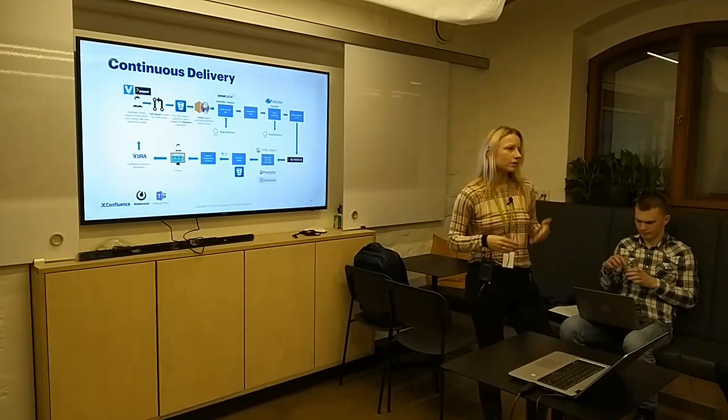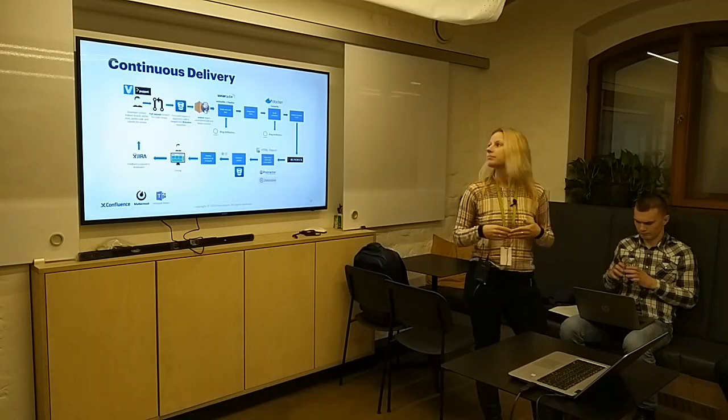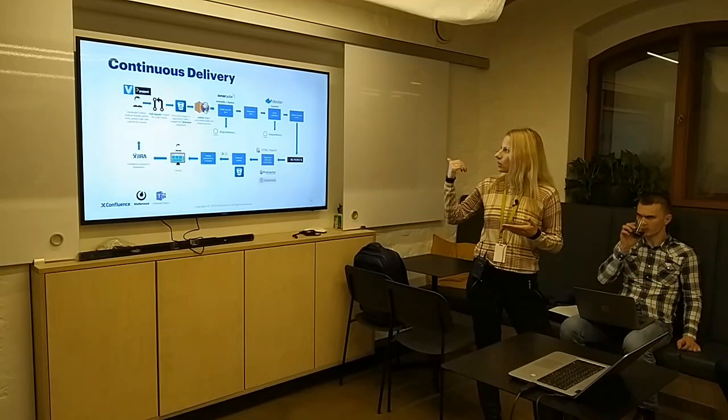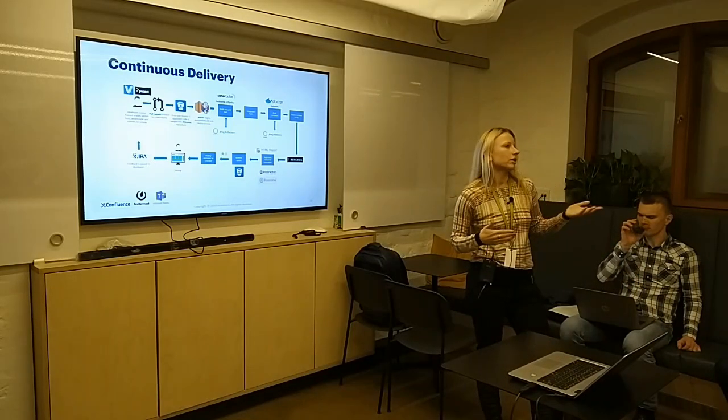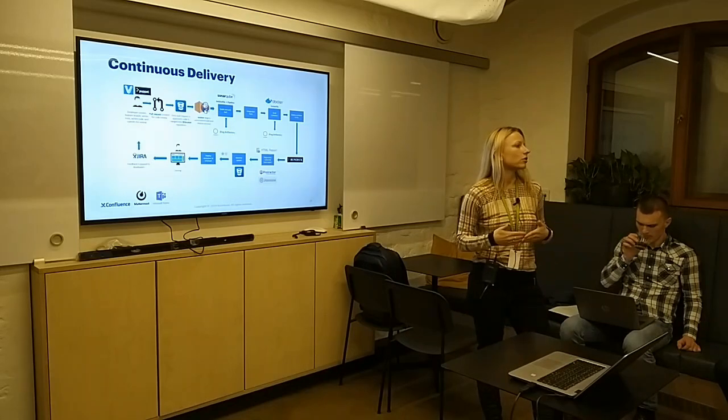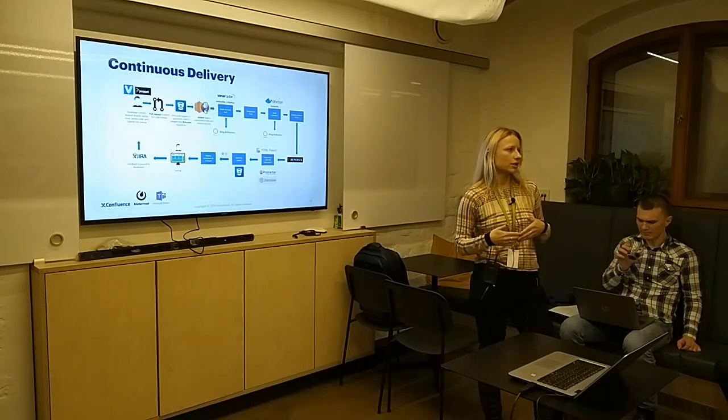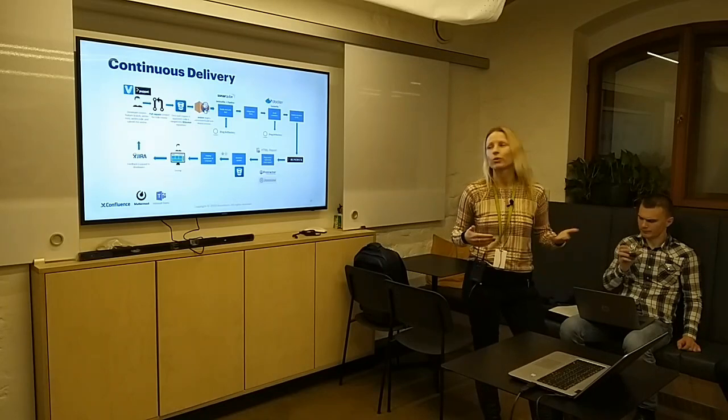If all is great, then integration tests go. But some of the pipelines can be without integration tests. It depends on the decision of the team, the architecture, and so on.